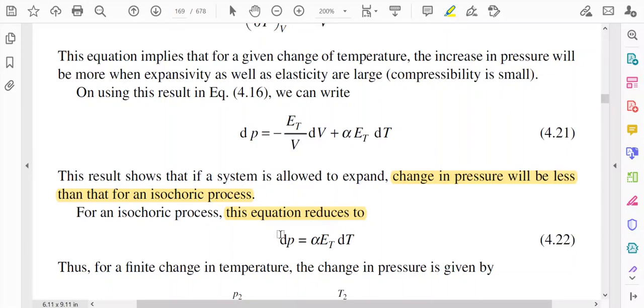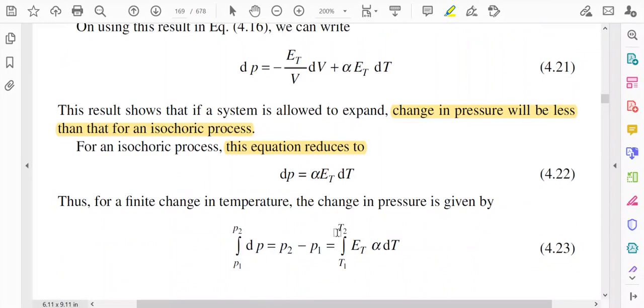So this is the equation for an isochoric process, and this is for a non-isochoric process. So definitely the change in pressure will be less than that for an isochoric process, because for an isochoric process the equation is dP is equal to alpha ET into dT.